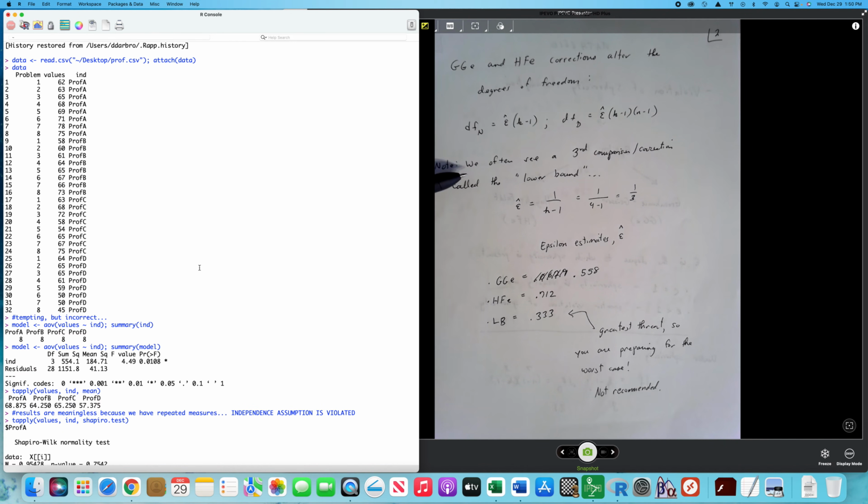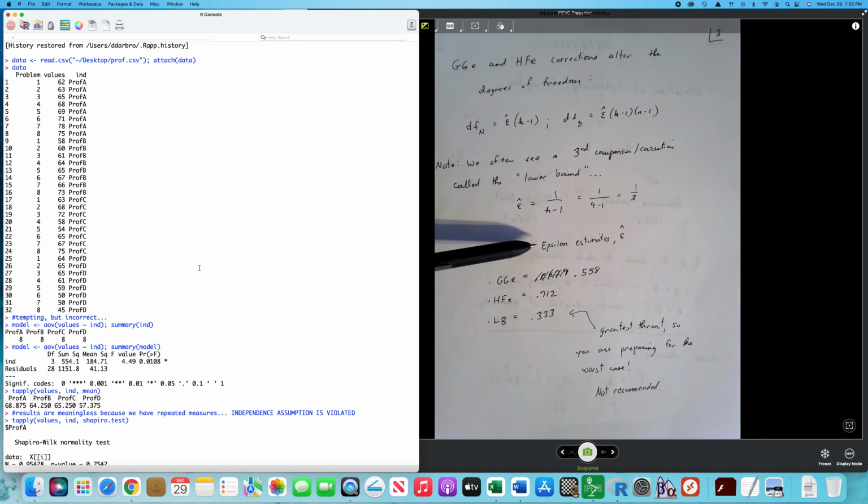So, and I will tell you, there's a third comparison called the lower bound correction method, where this epsilon is just estimated by 1 over k minus 1. So in this case, it would be 0.33, well, 1/3.